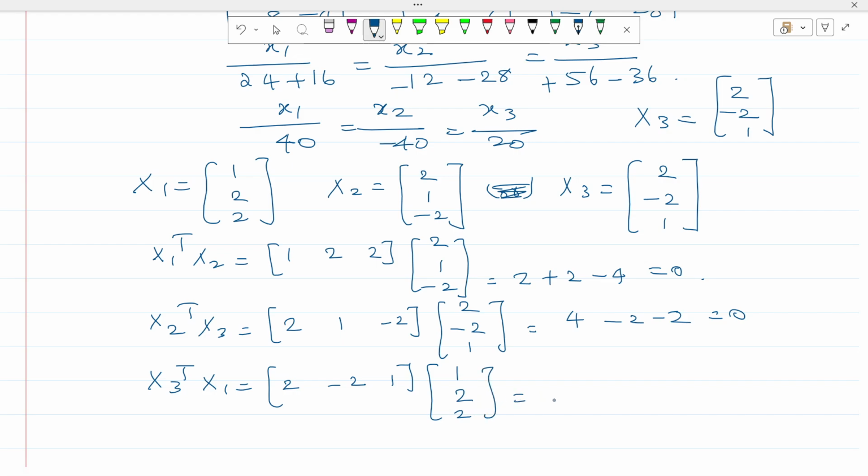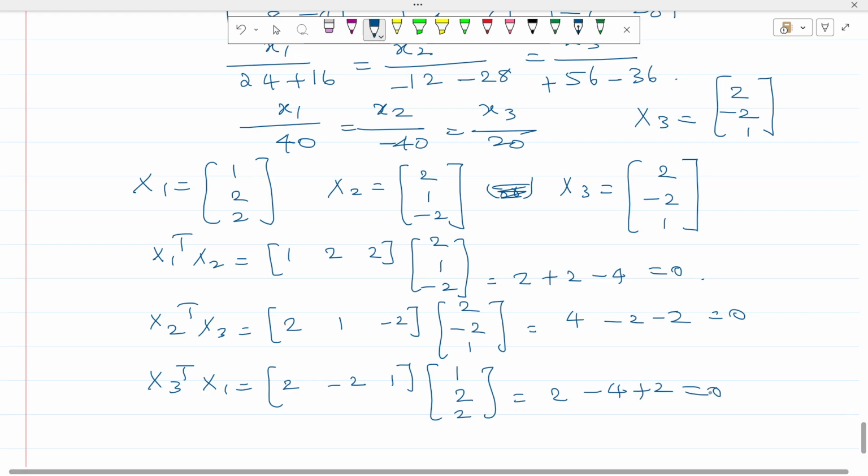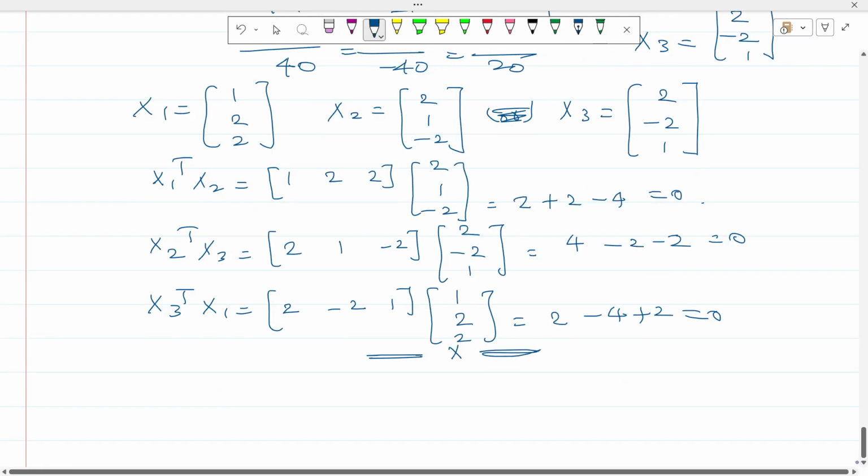Can check it. 2 minus 4 plus 2 is 0. So all of these should be satisfied, then only your eigenvectors are correct. It is a very important checkpoint for you to know whether your eigenvectors are correct or wrong.